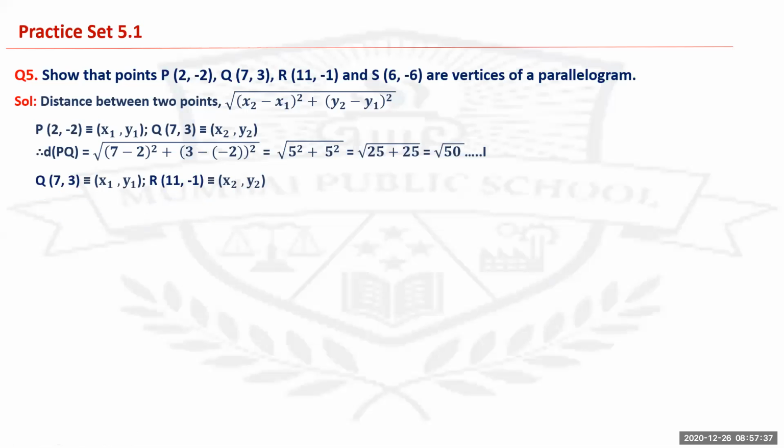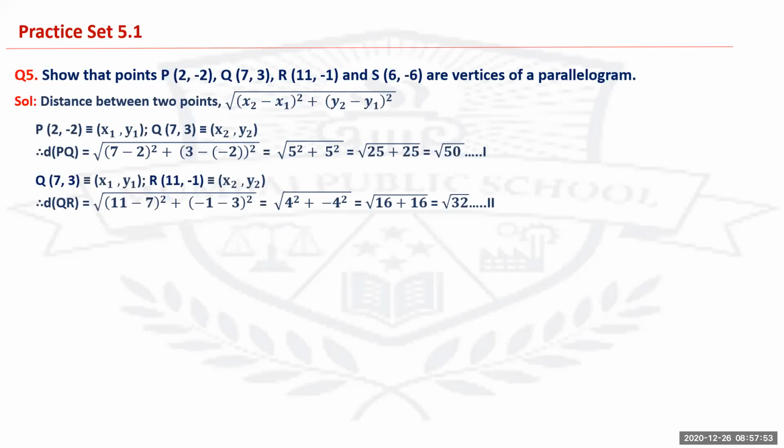After that, we are going to find distance QR. So here we are going to consider Q 7 comma 3 as x1 y1, R 11 comma minus 1 as x2 y2. Distance of QR equals under root of 11 minus 7 the whole square plus minus 1 minus 3 the whole square.